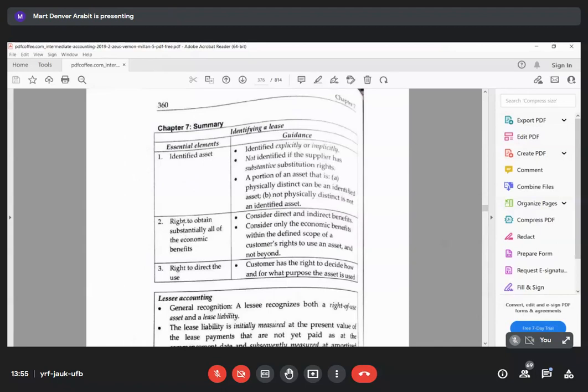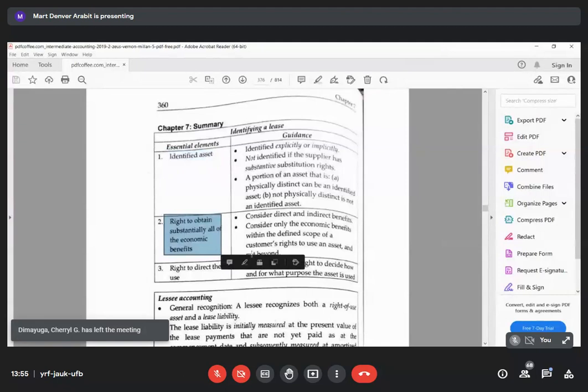So summary. So ito yung mga essential elements to identify a lease. So there should be an identified asset. Yes, there is. If there is, then this is a lease. And right to obtain all of the economic benefits. So dapat lahat na economic benefits on economic activities on that asset being leased should belong to the lessee and not the lessor.